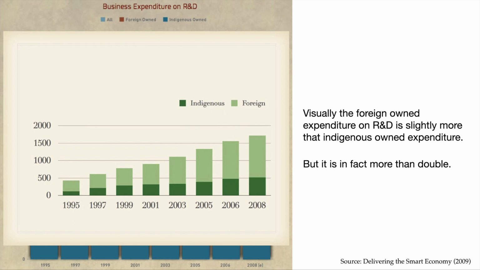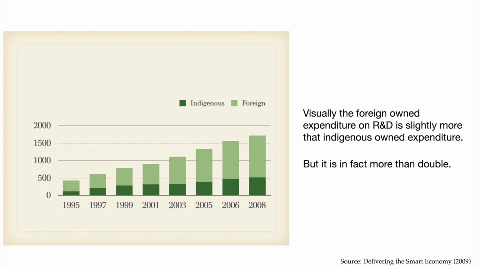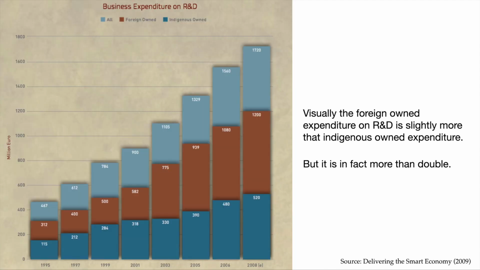So a more honest chart would look like this, where the foreign expenditure is in light green and the indigenous is in dark green, and then you can see more clearly the relationship between them. And it's clear that the foreign-owned expenditure in R&D is easily double the indigenous every year. So this is a more honest chart than this one.